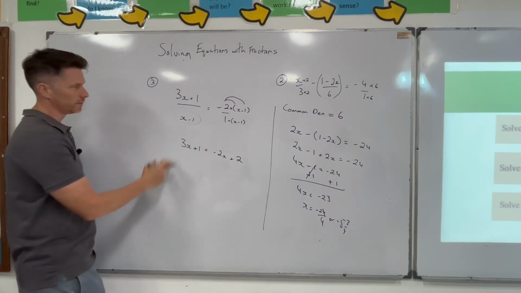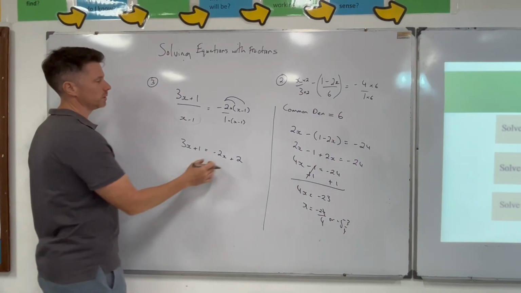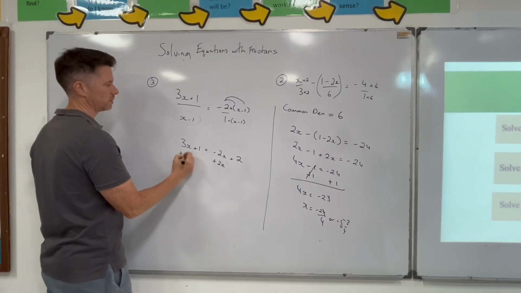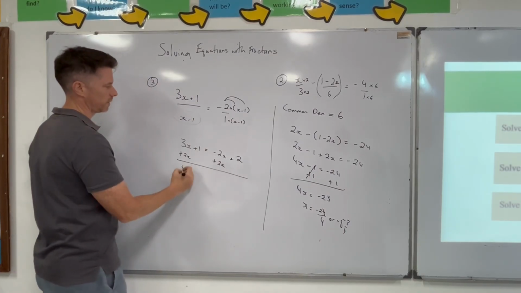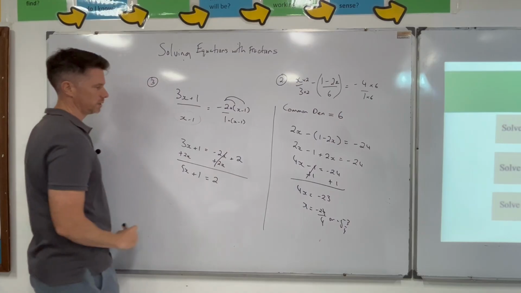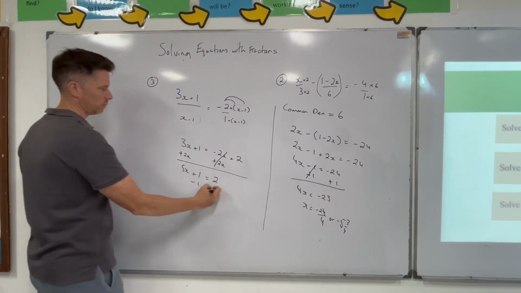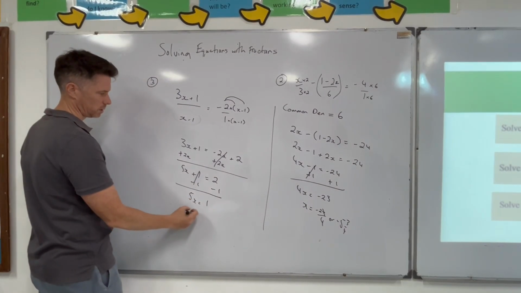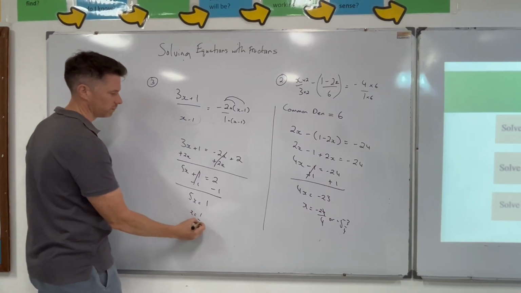And now I can solve it and actually find what the denominator would have been. I think adding 2x to both sides is a nice way to go here. And I get 5x plus 1 is equal to, that's gone, 2. Subtracting 1 from both sides is a nice next step. 1. And x is 1 then divided by that 5.